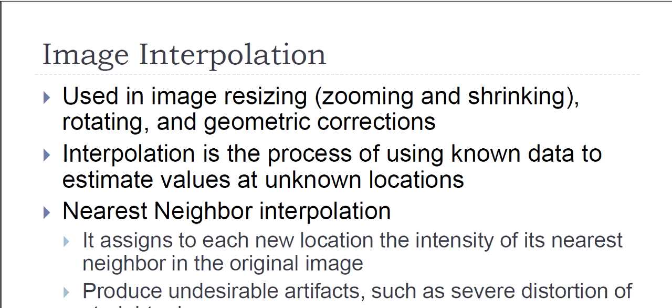The next technical term you should know is image interpolation. Image interpolation is used in image resizing, where we have two famous techniques, zooming and shrinking, and also in rotation and geometric corrections.